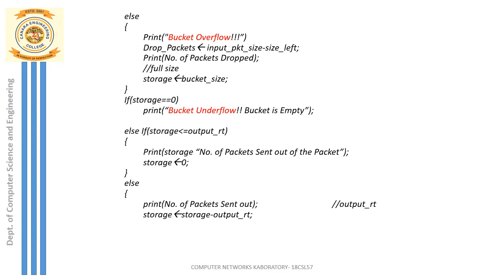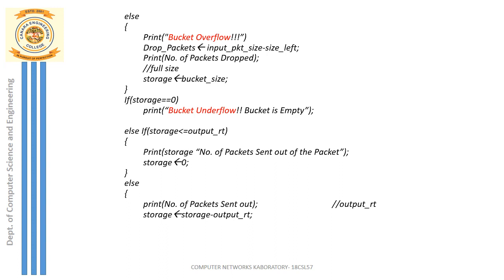These are the things we have written for allowing packets into the bucket. Once we have done this, we allow packets to go out of the bucket. First we consider whether the storage is equal to 0. If there is no packet, then it's a bucket underflow condition, the bucket is empty. The next condition is if the storage is less than or equal to the output rate.